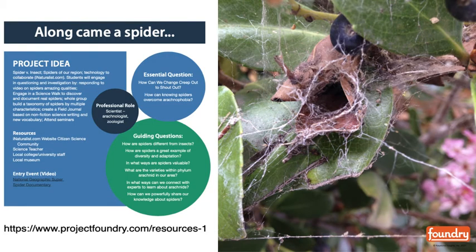Here's a project called Along Came a Spider. You can access this project at projectfoundry.com in our resources section with a series of other webinars and experiences and materials that might be useful to you.